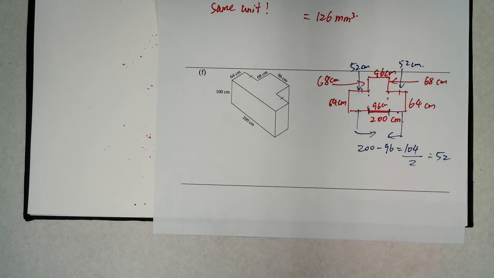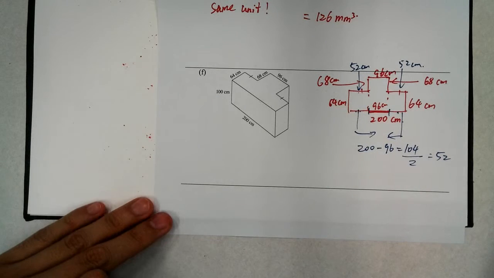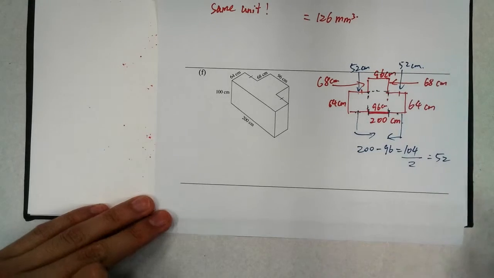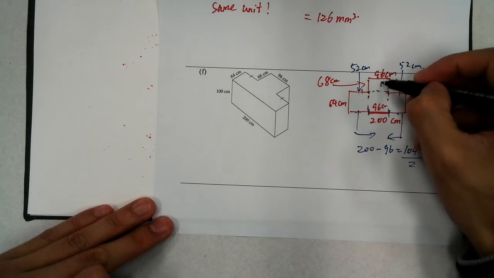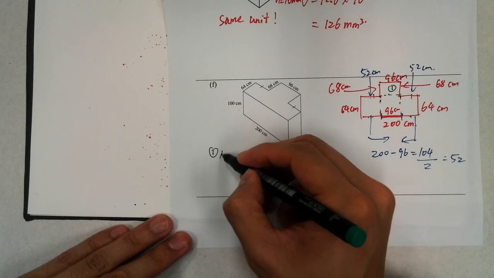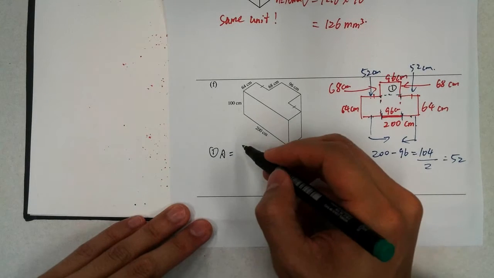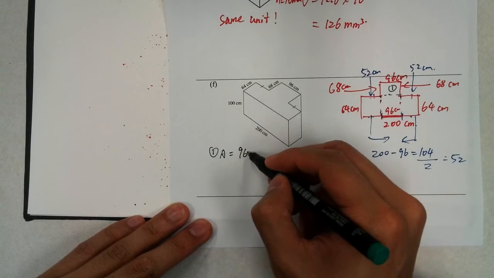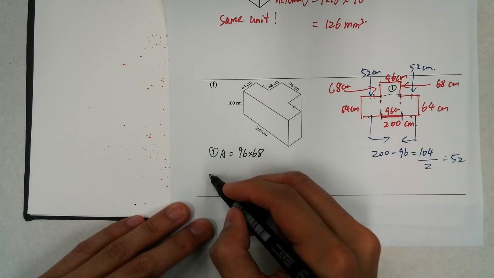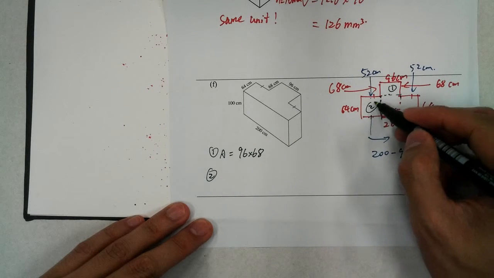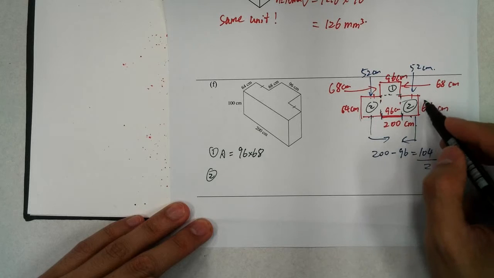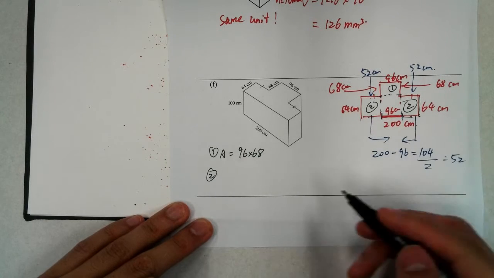Okay, now with this we can calculate the area of this composite shape, isn't it? So if I break it into different small rectangles, for the first rectangle, the area is equal to length times width, which is 96 times 68. Second one, these two rectangles will be the same because they have the same length, which is 64, and same width, 52.